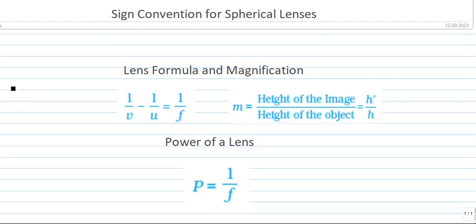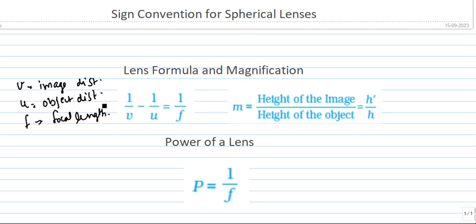V is the distance of the image from the optical center, U is the object distance from the optical center, and F is the focal length of the lens.